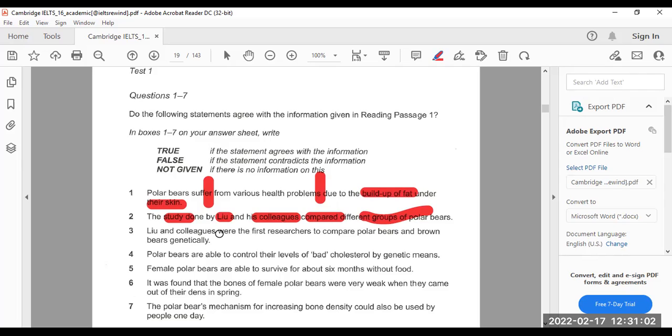And the third statement, Liu and his colleagues were the first researchers to compare polar bears and brown bears genetically. Here, again they repeated, but here they said, first researchers to compare the polar bears and brown bears genetically.